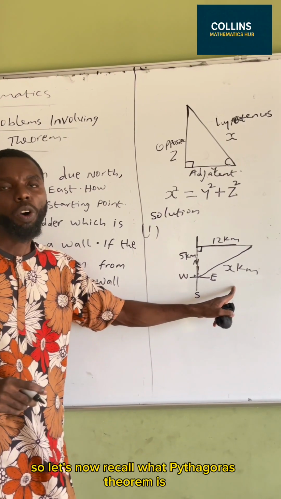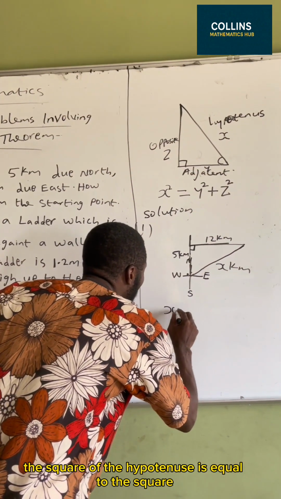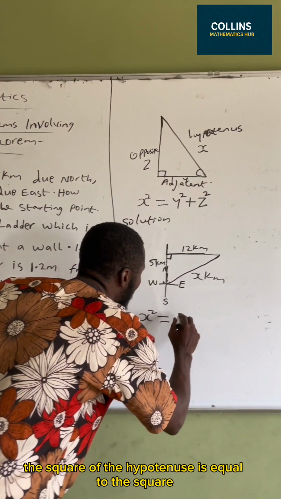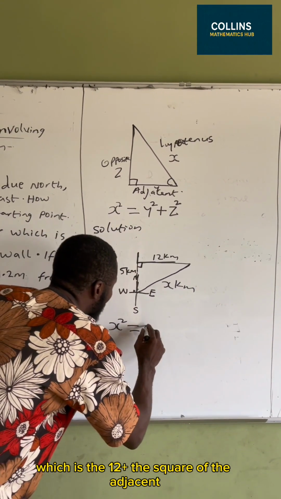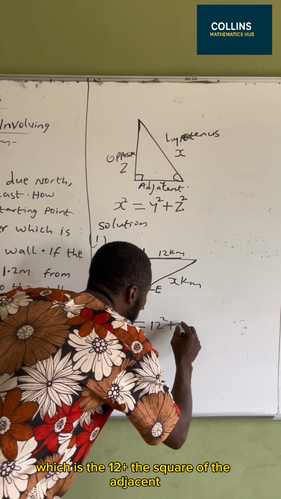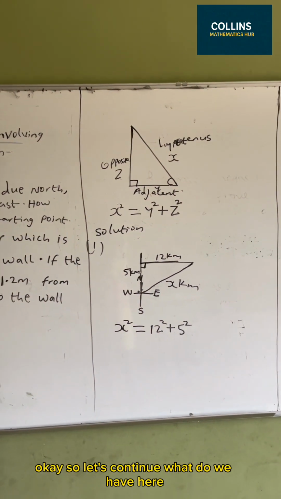So let's now recall what Pythagoras Theorem is. The square of the hypotenuse is equal to the square of the opposite, which is 12, plus the square of the adjacent, which is 5 squared. So let's continue.